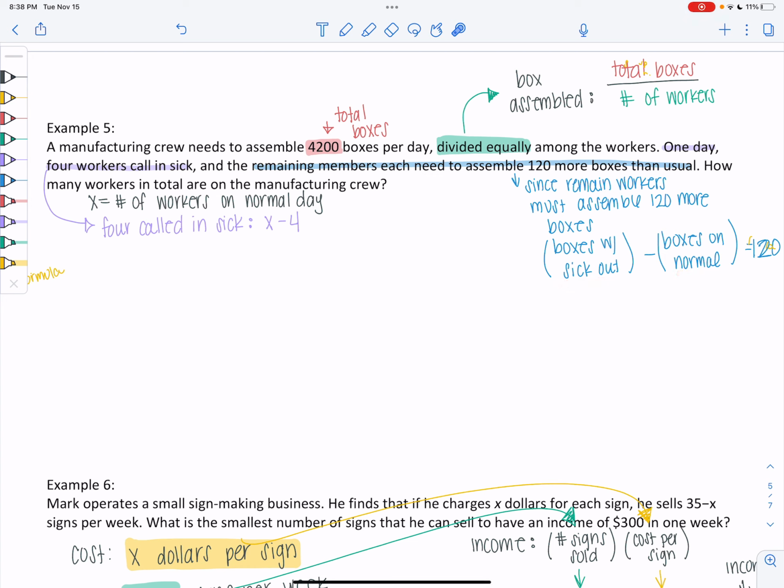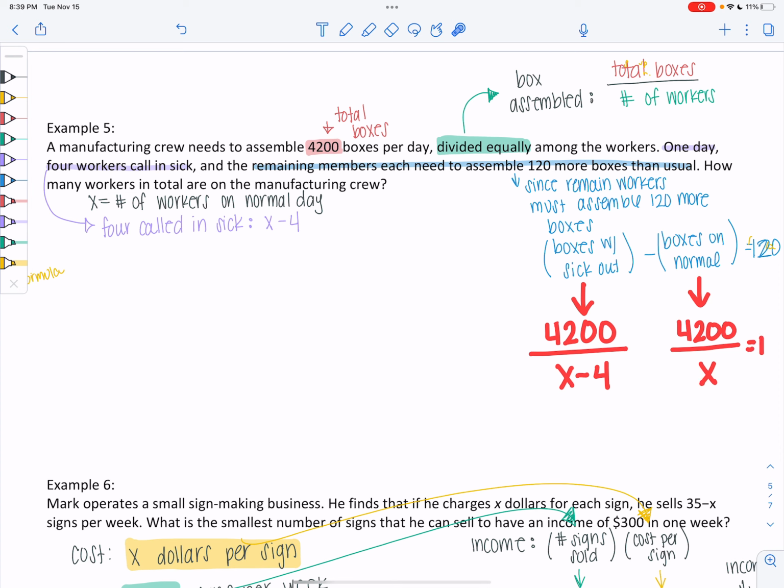And so now what we're going to do is write the boxes of the people out sick, which is going to be my 4,200, divided by the number of people I have on that sick day. Well, because 4 of them are out, I have X minus 4. And then the boxes on a normal day is still going to be my 4,200, and there I have X people because nobody called out sick.